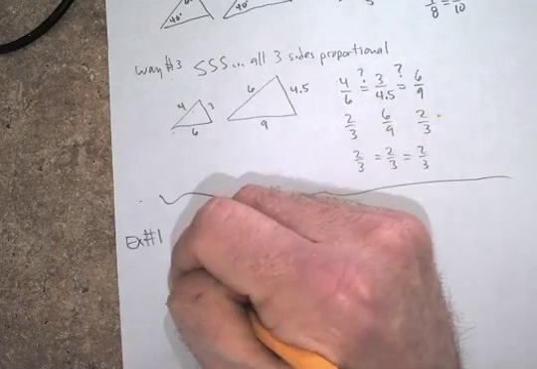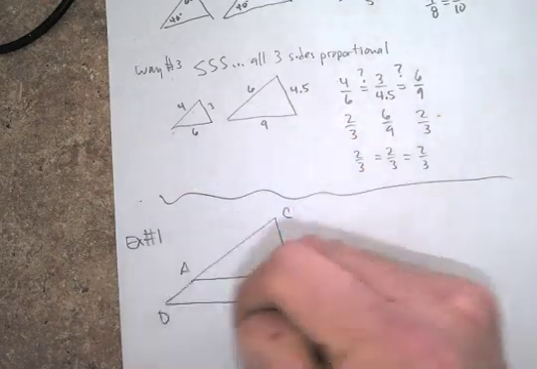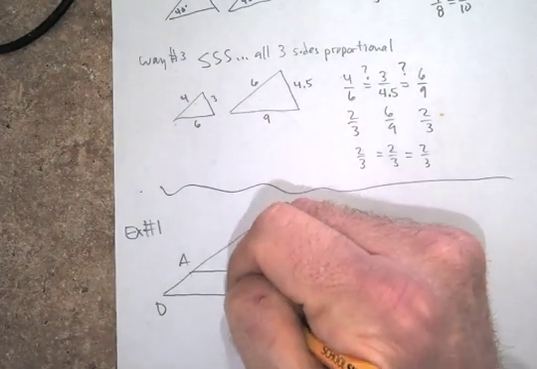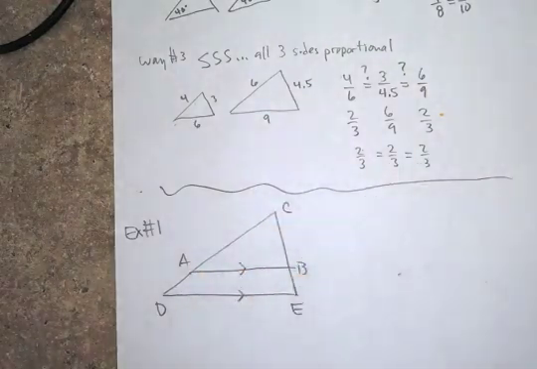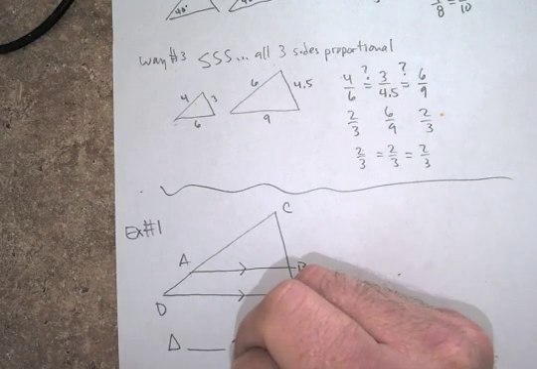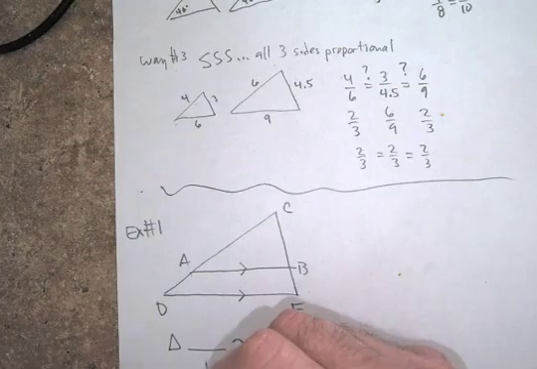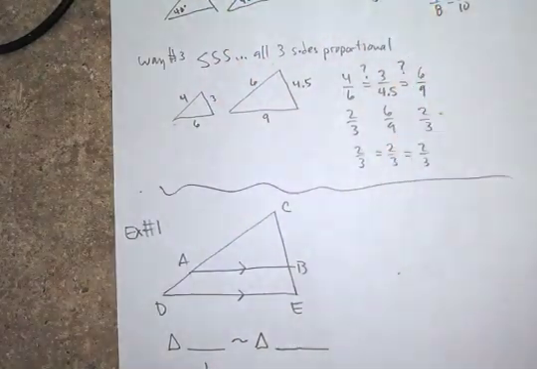Let's go A, B, C, D, E, and these are parallel as given. So given that AB is parallel to DE, what you need to do is fill in triangle something is similar to triangle something by which one of these reasons up here.